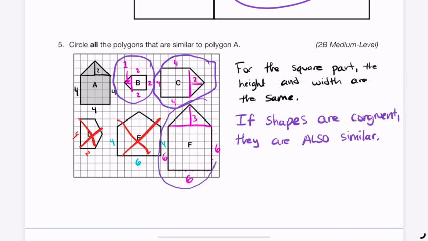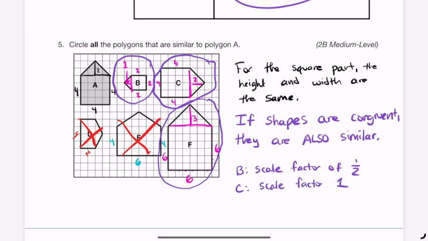So that one is also correct. So for B, it's a scale factor of 0.5. For C, it's a scale factor of 1. And for F, it's a scale factor of 1.5. None of what I'm writing is required writing, this is just my work. So all you have to do is circle it. But that's just the explanation.